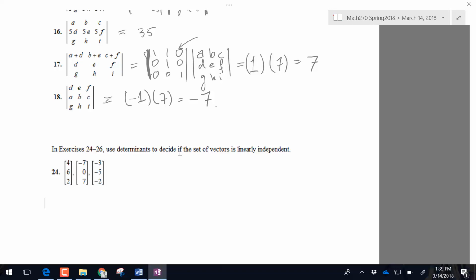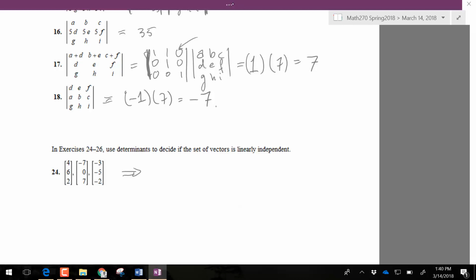And one of the things in that list is that the column vectors are all linearly independent. So here they want us to use determinants to decide if the vectors are linearly independent. So we're going to form a matrix using these vectors as the columns, and then find the determinant. If the determinant's equal to 0, then these vectors must be linearly dependent. If it's not equal to 0, then it's independent.